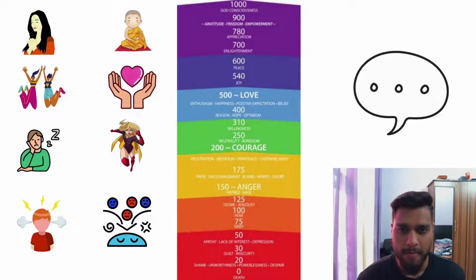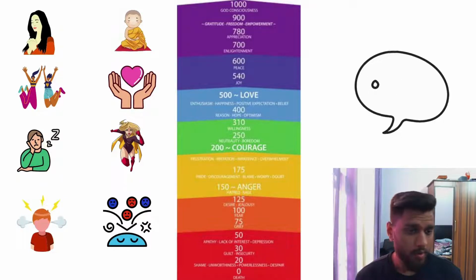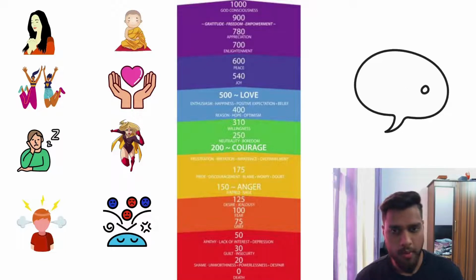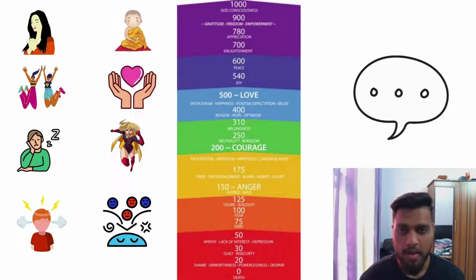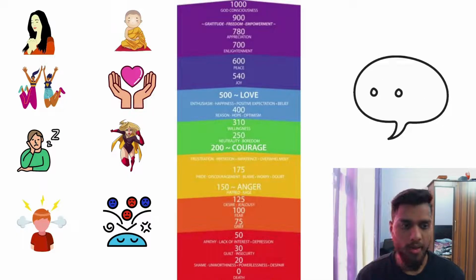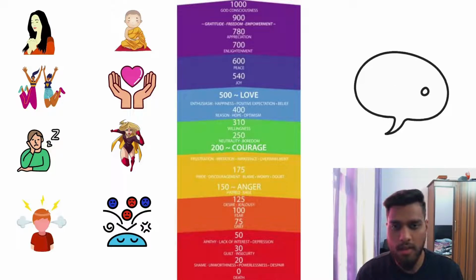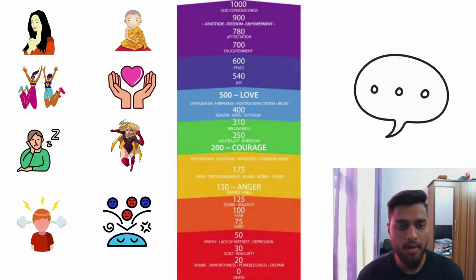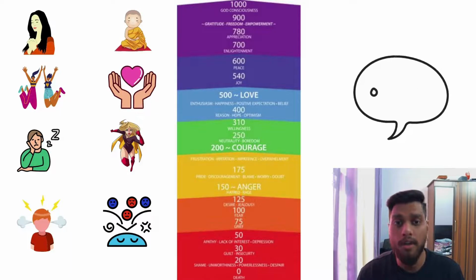And it will not make logical sense when you go above 400. I've already told you that. So yeah, 780 appreciation. So when we appreciate someone, or when someone appreciates you for anything, that's the reason you feel very good for a moment, because see how high it is, 780.